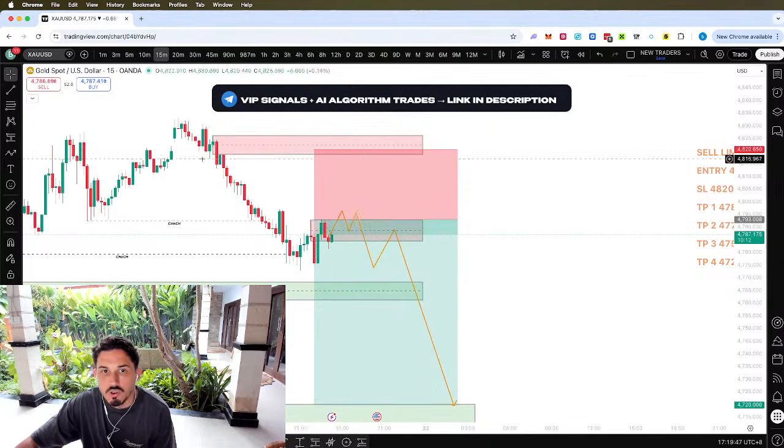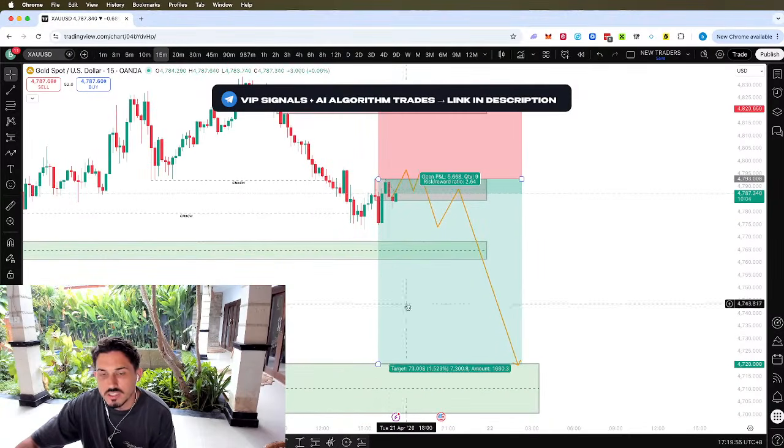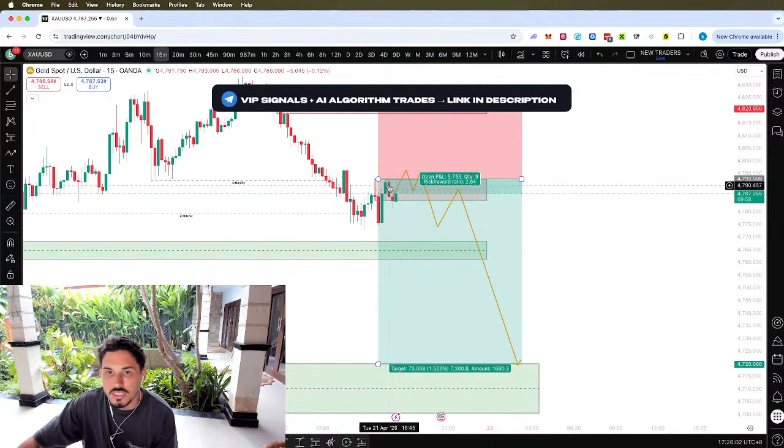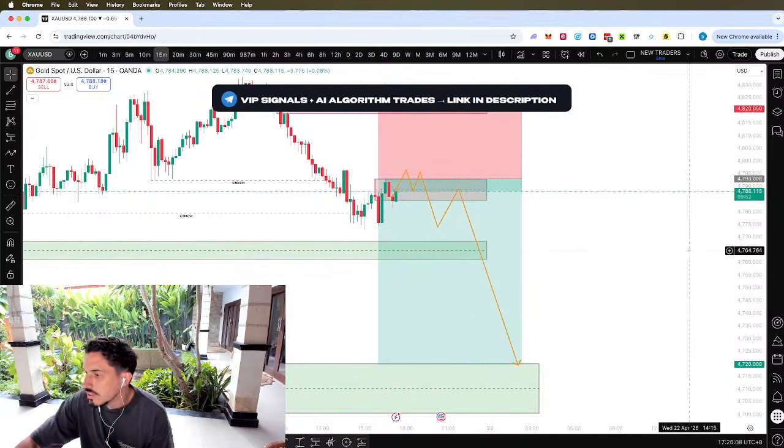I was waiting for the supply zone to be tapped, but I saw that it wasn't going to push up into there, and price started to reject, because I want price to come down back into our demand zones. Price started to hover back down, slowly. I said if price taps into this level, which is a supply zone, I'm going to enter on that, and I want price to come all the way back down. That was my logic behind it.